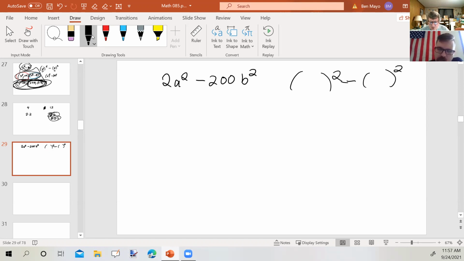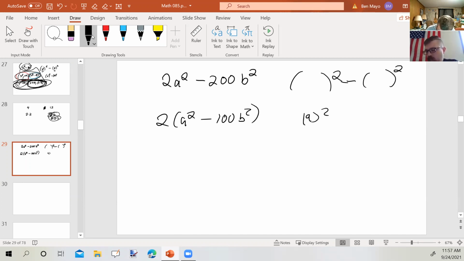Oh, so it's not the difference of 2 squares yet. What do I need to do first? Take out the greatest common factor. Okay, now we've got a squared minus 10b squared. So we get 2 times a plus 10b times a minus 10b.